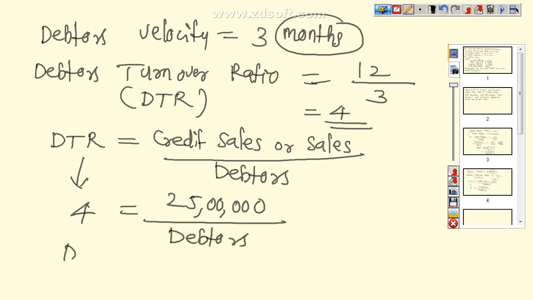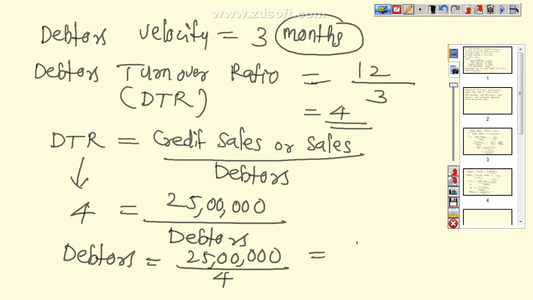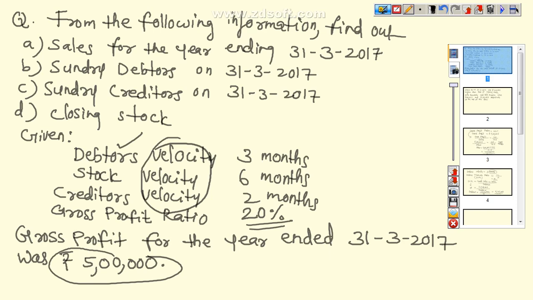Now debtors is equal to 25 lakh upon 4, that is equal to 6,25,000.